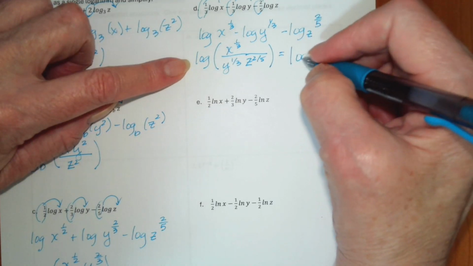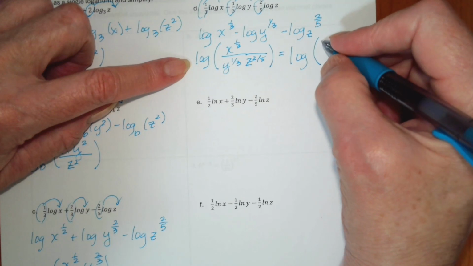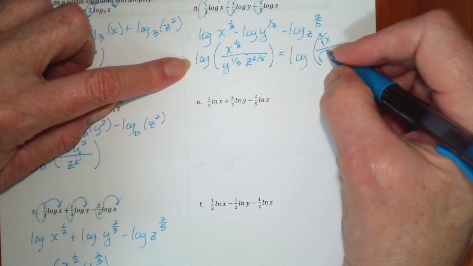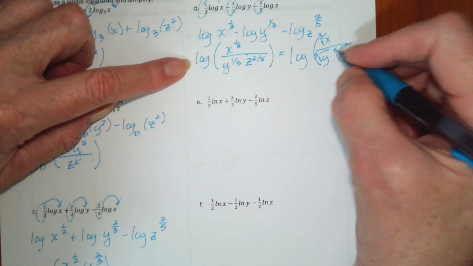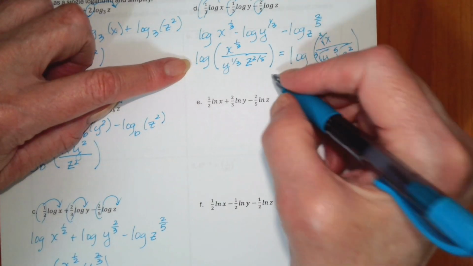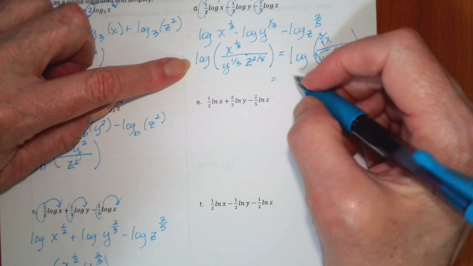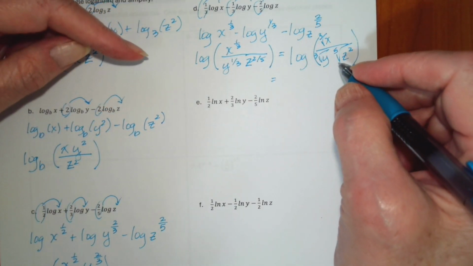So that becomes the log of the cube root of x over the cube root of y and the fifth root of z to the second. Well, since the indexes are the same here, I can put that under the same radical. And again, you don't have to.